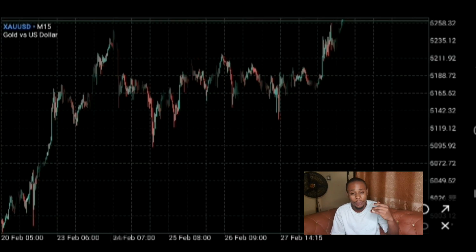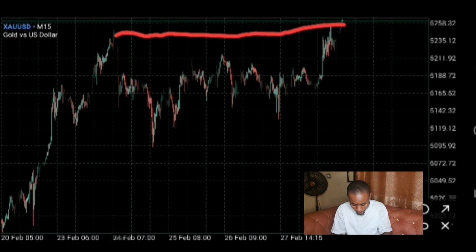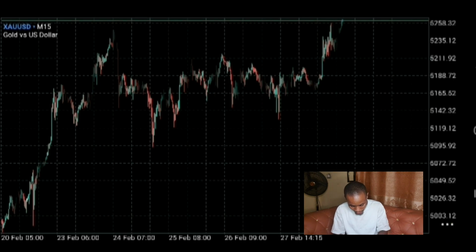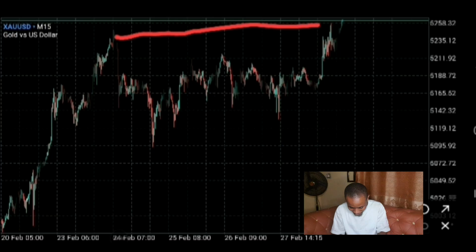Now once the trade has reached this support, I advise you to wait a little to make sure that the market passed this support level before you know if you are going for a sell or for a buy.